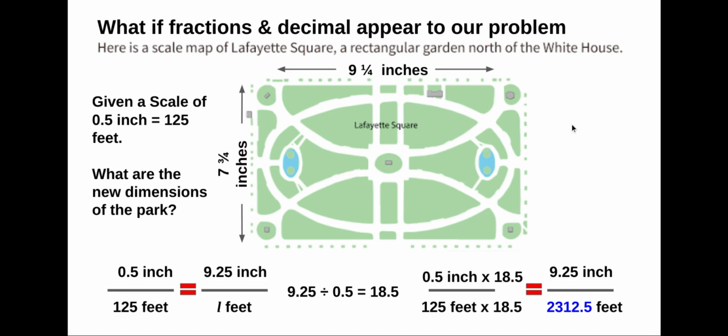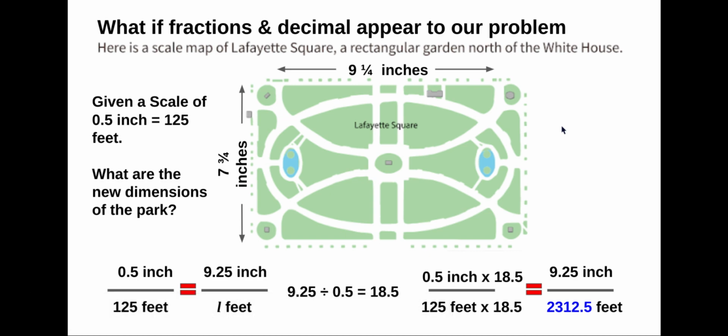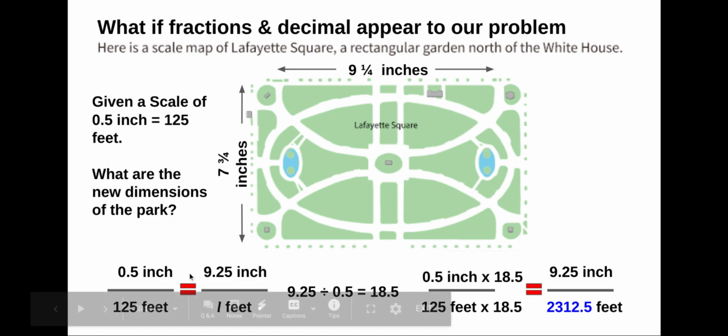If we multiply the top by 18 and a half to get 9.25, then we multiply the bottom 125 feet by 18 and a half. And so we get our length of 2,312 and a half feet, or 2,312 feet and 6 inches, if you want to get down to the nitty gritty.